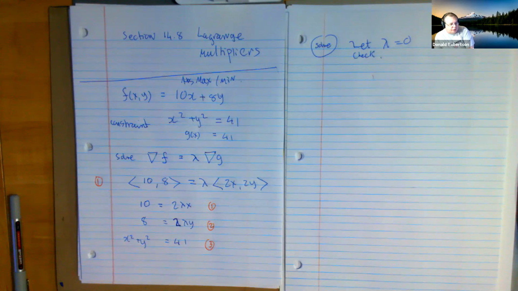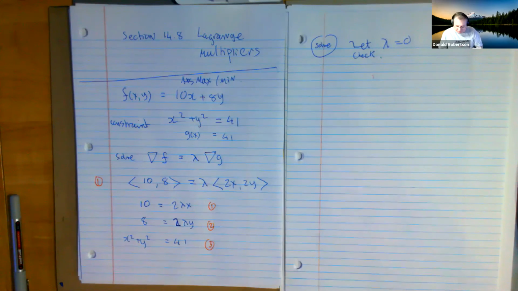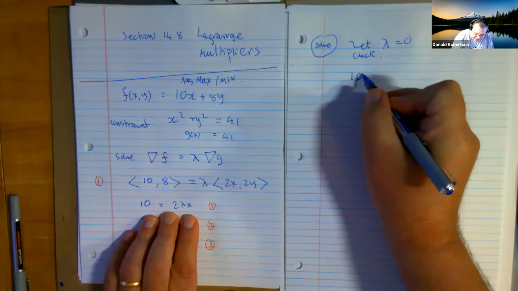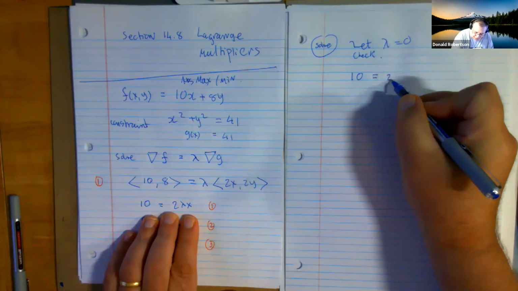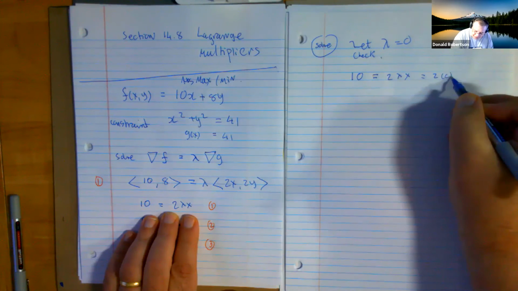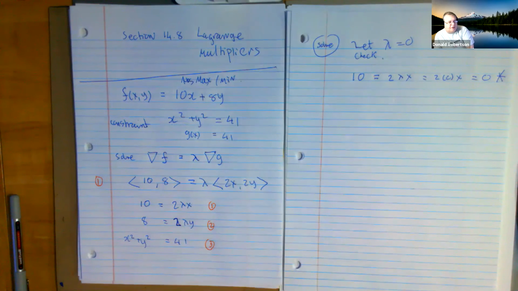But the one time you don't check it is the time you should have, because that way you end up missing a possible solution, a possible critical number. So if lambda was 0, wouldn't equation 1 say that 10, which is 2 times lambda x, should be 2 times 0 times x, which is 0? And would you agree that that is a non-starter as a possible solution? So just as I would expect, lambda equals 0 ain't going to happen, right?